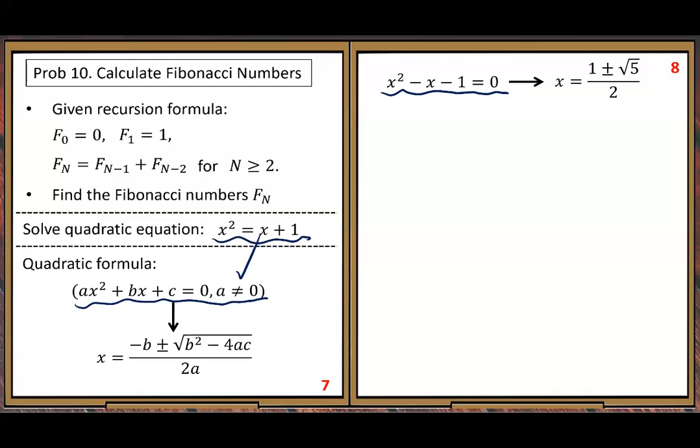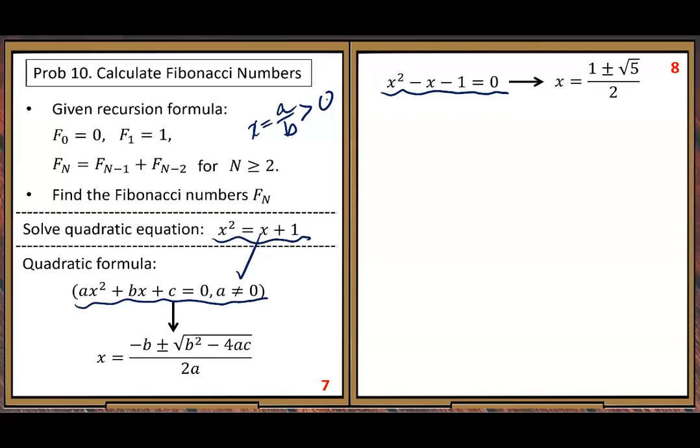Based on our definition, x equals the ratio of A over B. Ratio of the lengths of 2 line segments, A over B. And it's easy to see this ratio must be a positive number, right? Because both A and B are positive. So their ratio must be positive.